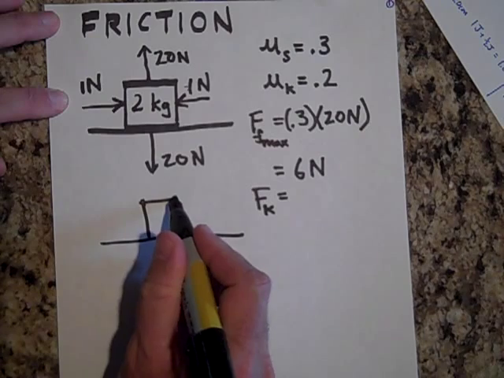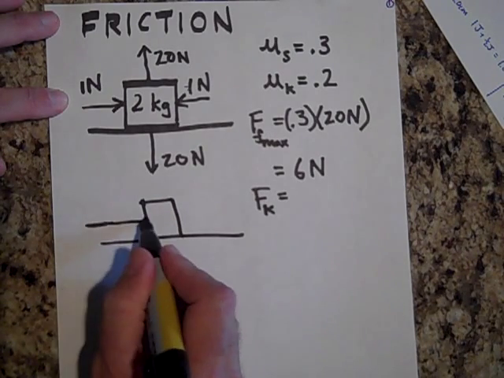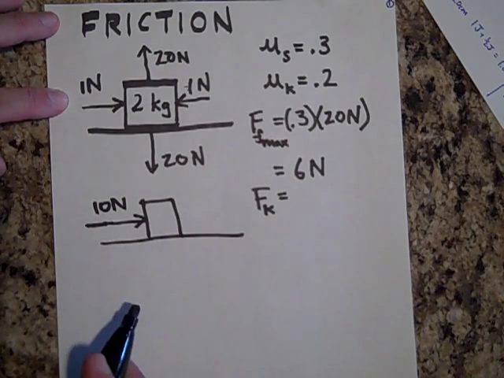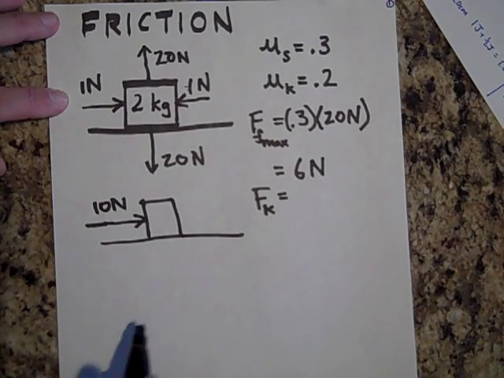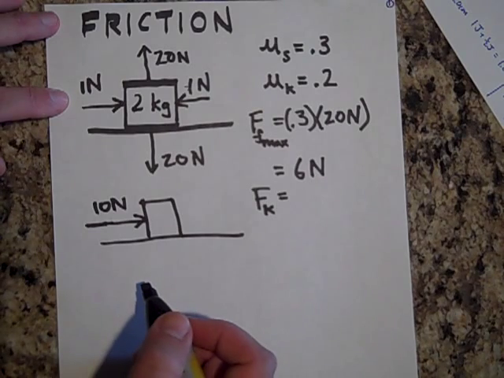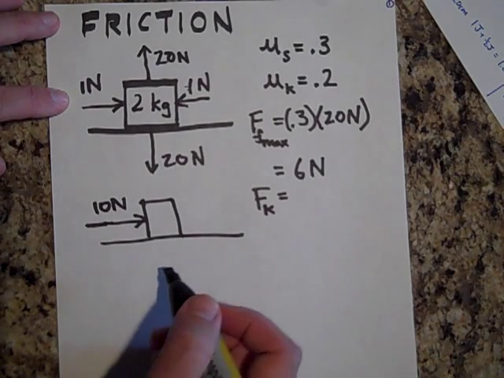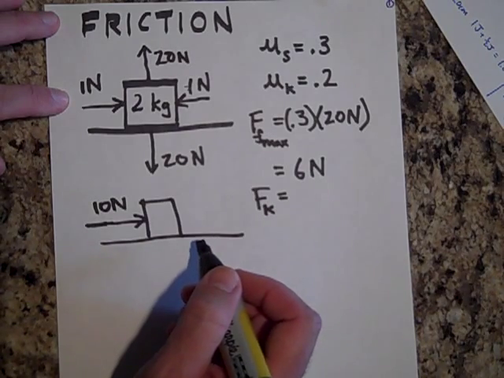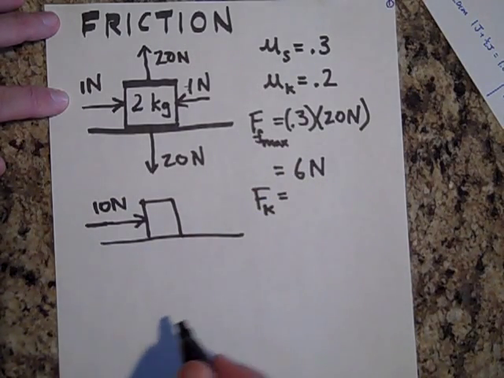Okay, we're back. So now I'm pushing on it with 10 newtons. That's bigger than 6 newtons, and so because of that, the box is going to actually move. The box will start to accelerate that way. Which means that if it's moving, I can't use 6 newtons for the force of friction.